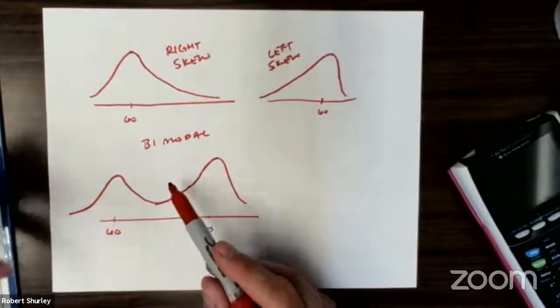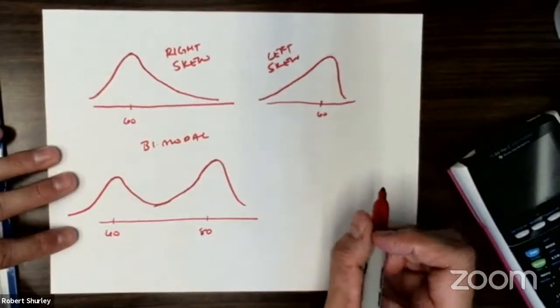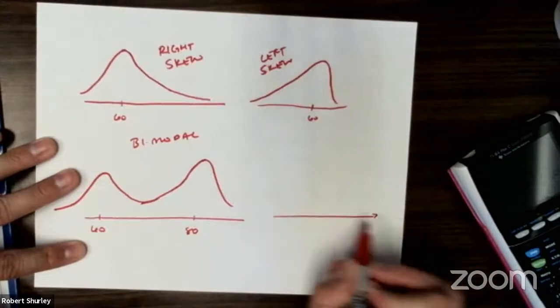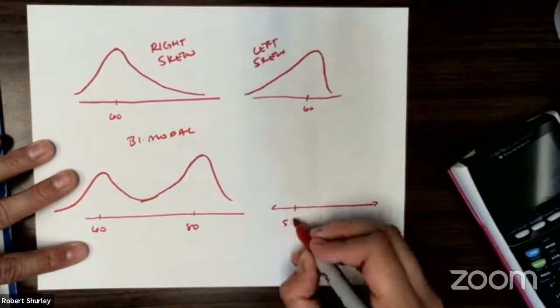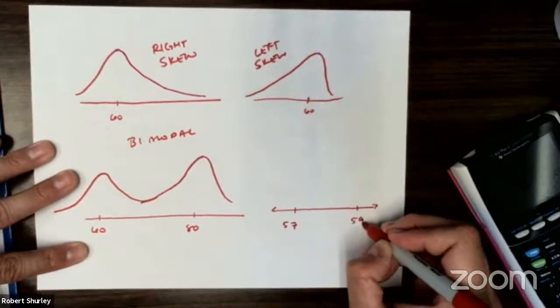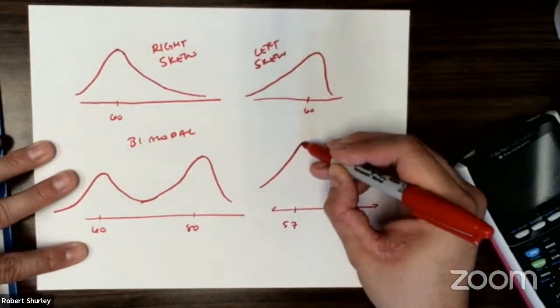Look, we would have bimodal data if we looked at heights and we lumped everybody together. If we looked at heights and we didn't separate males and females, remember, I think it was 57 and 59 were the averages for male, female. We would see this. It would look kind of like this.